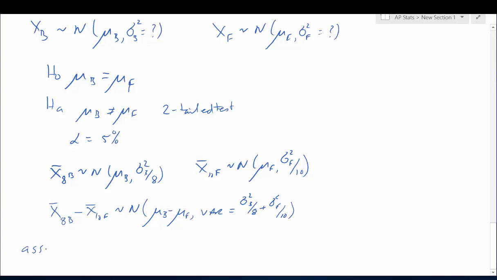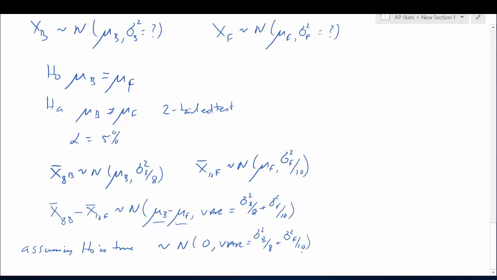Assuming H0 is true, then mu_B minus mu_F should be 0 because we're assuming that they're equal. So this should follow a normal with a mean of 0 and a variance of sigma squared B over 8 plus sigma squared F over 10.